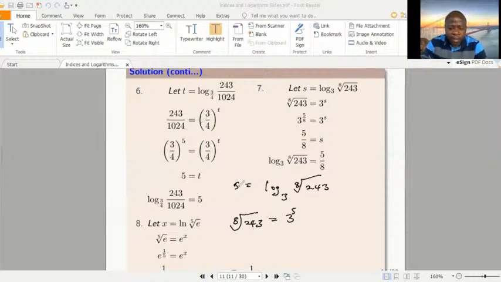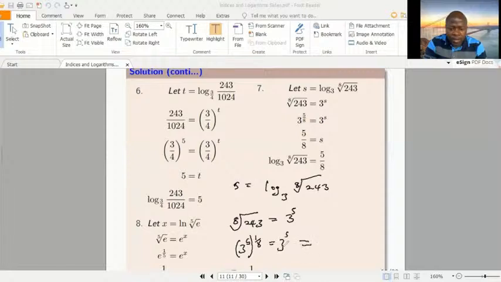So then, if that is the case, then what I have here is the 8th root of 3 raised to 5, the 8th root of that, to give you 3 raised to s.